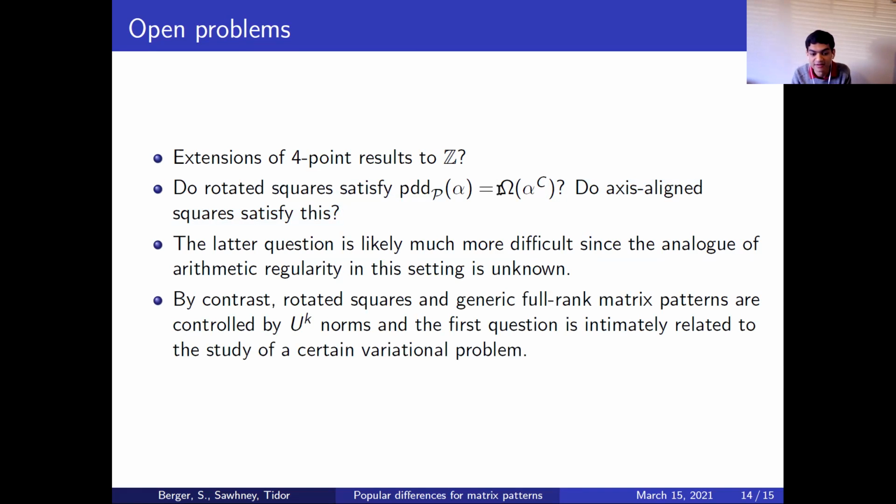It's just that at the end of the day, you'll find that you've reduced to some sort of variational problem, although it's not an exact equivalence, where it just is not always at least alpha to the 4. But you can imagine by studying and understanding that variational problem, you might be able to prove that there's polynomial growth involved or some other type of behavior. So that's an interesting direction to pursue.